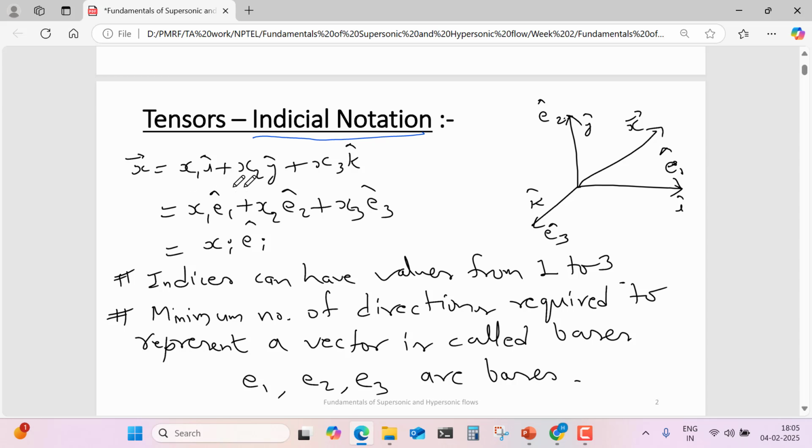So let's say there is some vector x in the xyz plane, and it is given by x1 i cap plus x2 j cap plus x3 k cap.